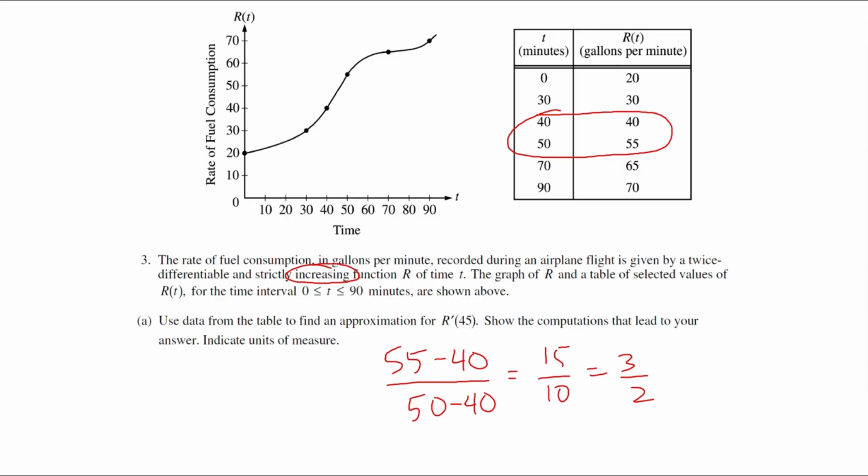And our units here are going to be, the original units were in gallons per minute, but if we divide by time again, that'll be gallons per minute squared. And they gave you 2 points here for that, 1 for the answer and 1 for the units.